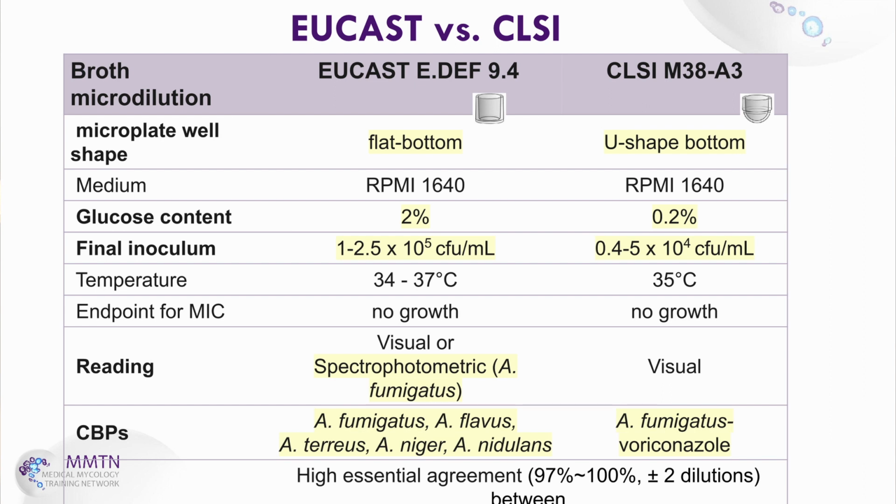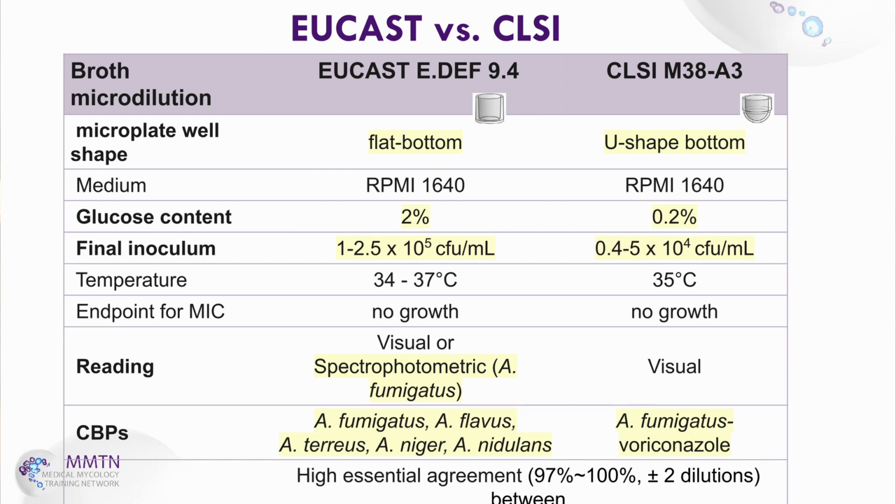We can read the MIC by our naked eyes. In addition to visual reading, because the EUCAST method uses the flat bottom well, we can also use spectrophotometry for Aspergillus fumigatus to determine the EUCAST MIC.